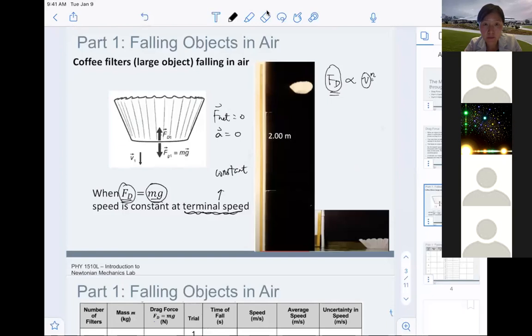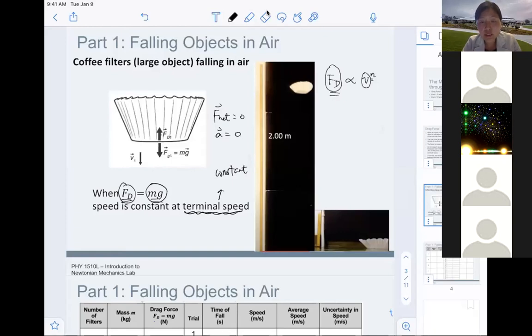So how can you make sure an object always reaches terminal speed? Well, give it enough time, so the velocity has enough time to increase. Eventually it's going to reach its terminal velocity. So we simply drop the coffee filters from a very high distance, and by the time it's falling to the ground, it will have reached terminal speed. Make sure that it's a long fall.